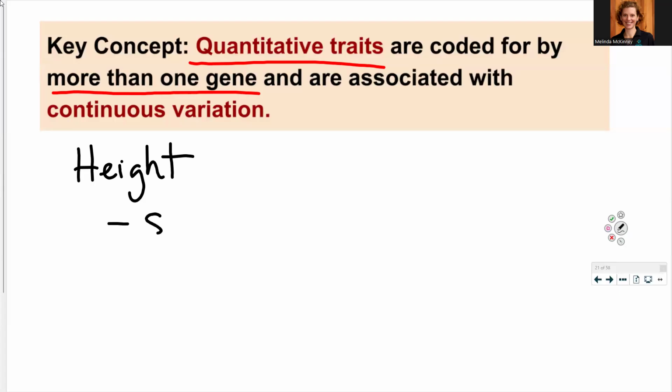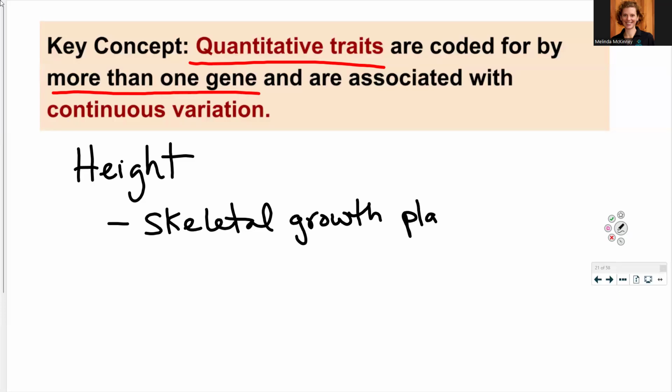Some of them might be the skeletal, how quickly is the cartilage going to expand at the end of the bone? How about nutrient absorption? So nutrients, when you're eating, how the phosphorus and the potassium and all of those nutrients are going to be absorbed and metabolized? So nutrient absorption, you have a gene associated with that.